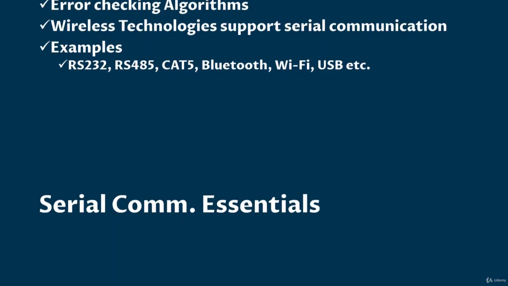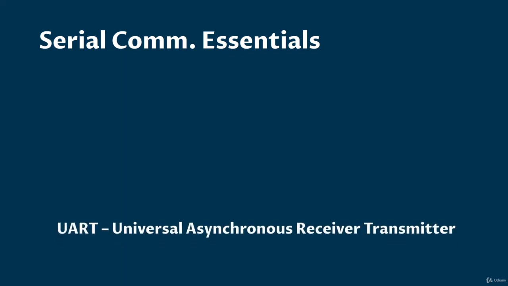For a microcontroller like the Atmega 328P in the Arduino Uno board, UART is needed to support serial communication. UART stands for Universal Asynchronous Receiver Transmitter. The Atmega 328P has USART, which is Universal Synchronous Asynchronous Receiver Transmitter.